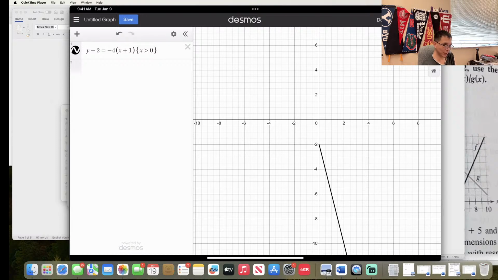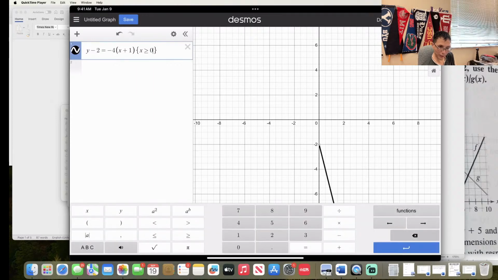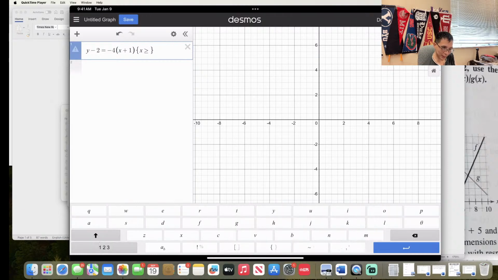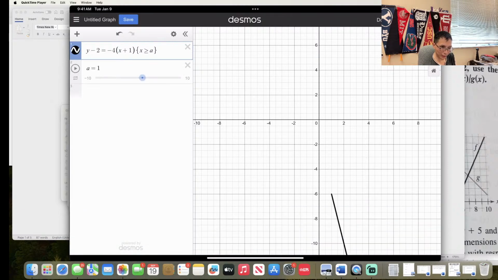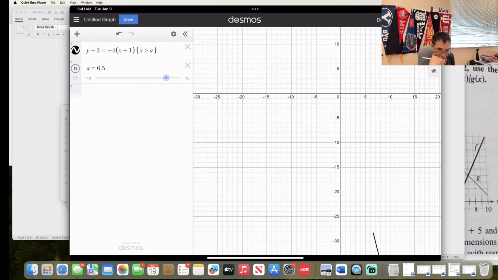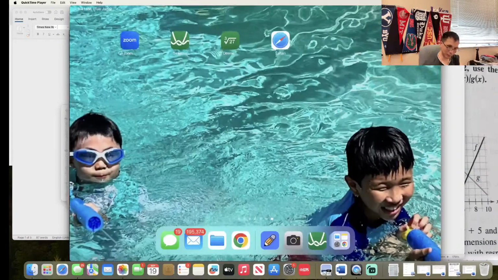Can I graph x greater than 1? Yeah, I can graph x greater than 1 like this. I can even do something pretty cool. I can say that's A. Now add a slider for A. I can graph anywhere. I can change the restriction, right? So I can say graph x greater than 1, something like that.